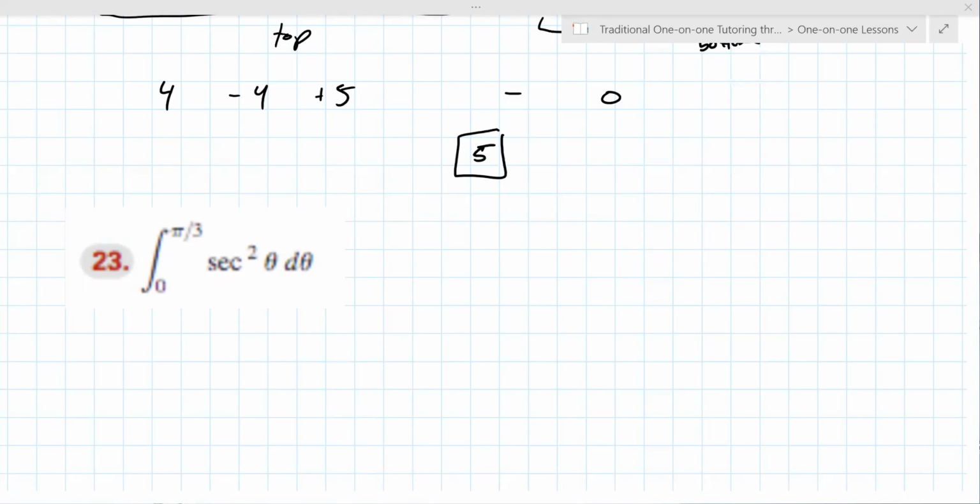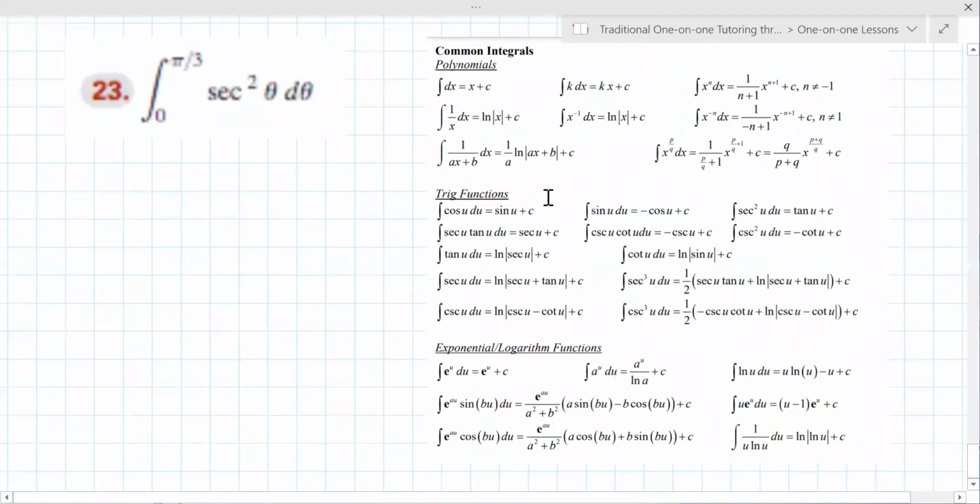I'll snip. So the ones that you need to know, I think mostly are in the common integral section. I'll just snip that in real quick. We've already talked about a bunch of the ones up here, but this one comes from right down here. And yeah, you do need to memorize these. So you can't go further in this course if you don't spend some time learning these.